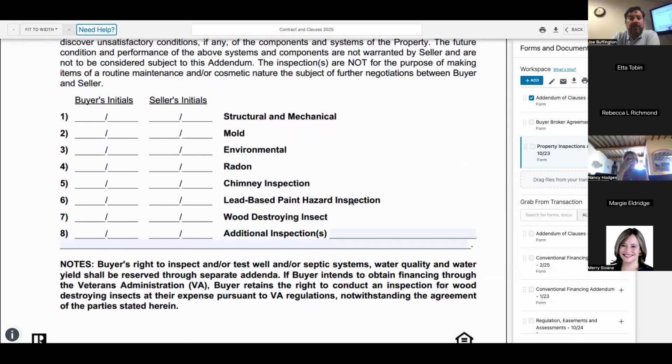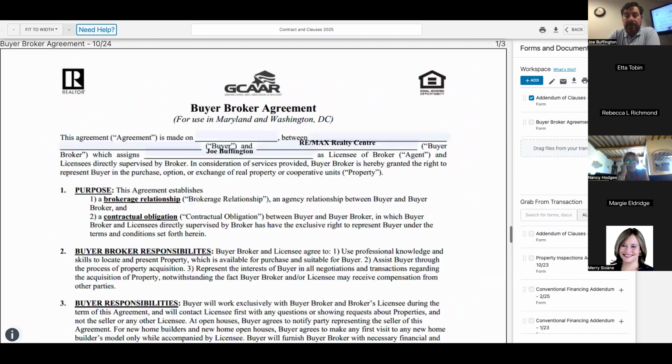Yep, lead's one of the options in the menu. Okay, that's what I meant. It's included in that section. Oh, I thought you meant in the MR contract. Yep, it's in the property inspection. Yep, you got it. All good.